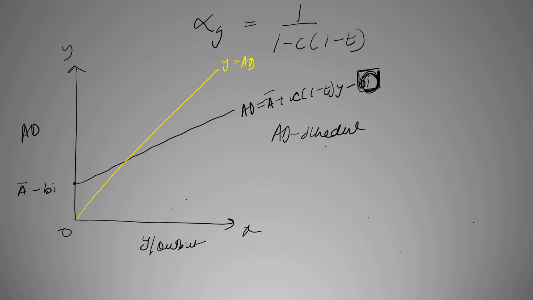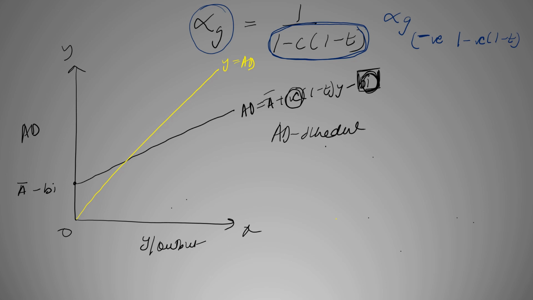Now if you suddenly increase your C, which is MPC, let's understand the relation first. See, your multiplier is inversely related to these terms, right? So your multiplier has a negative relation with C(1 minus T).